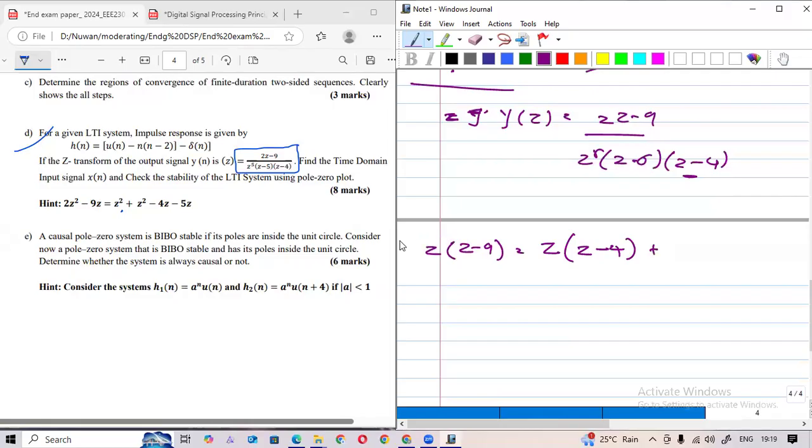And if you get another z here, it will be z minus 5.